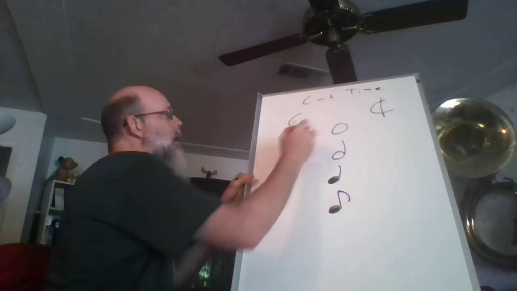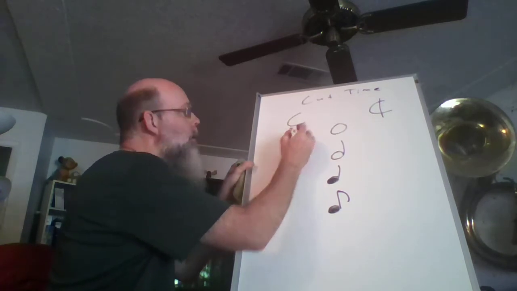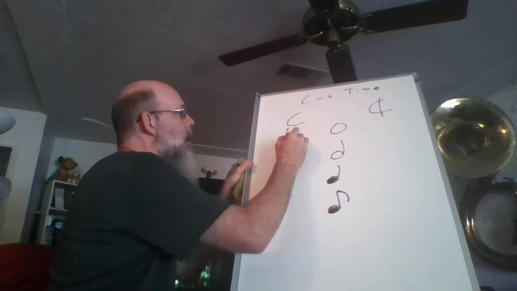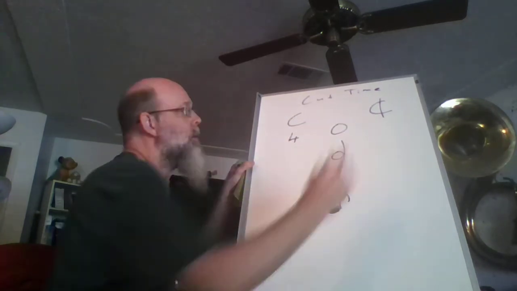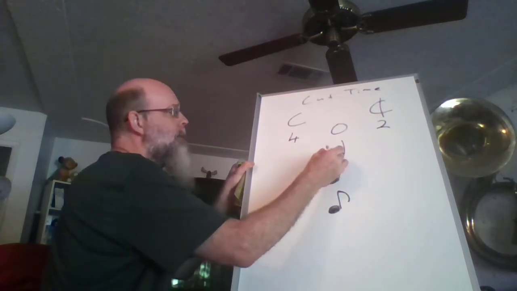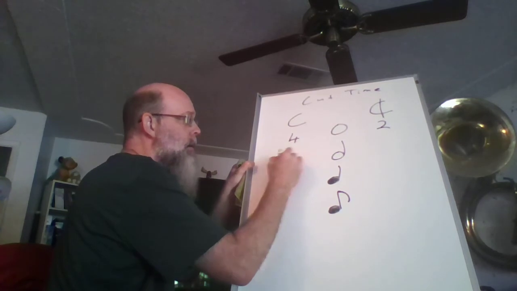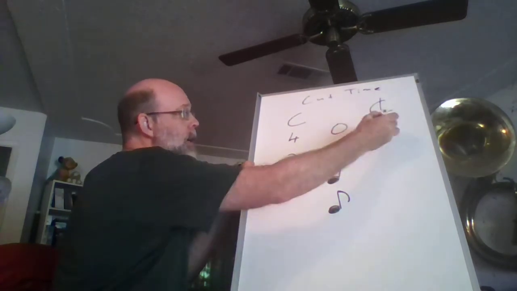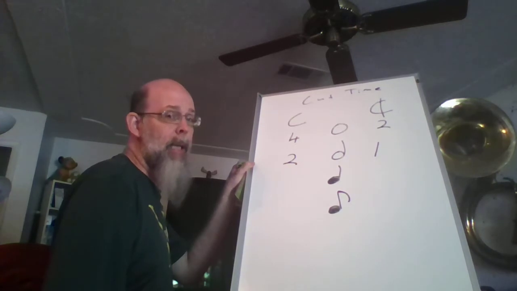In 4/4 time or common time, you already know the whole note is 4 beats long. But in cut time, it gets cut in half, so it's only going to be 2 beats long. The half note in 4/4 time is 2 beats long; the half note in cut time is 1 beat long. So again, it gets cut in half.